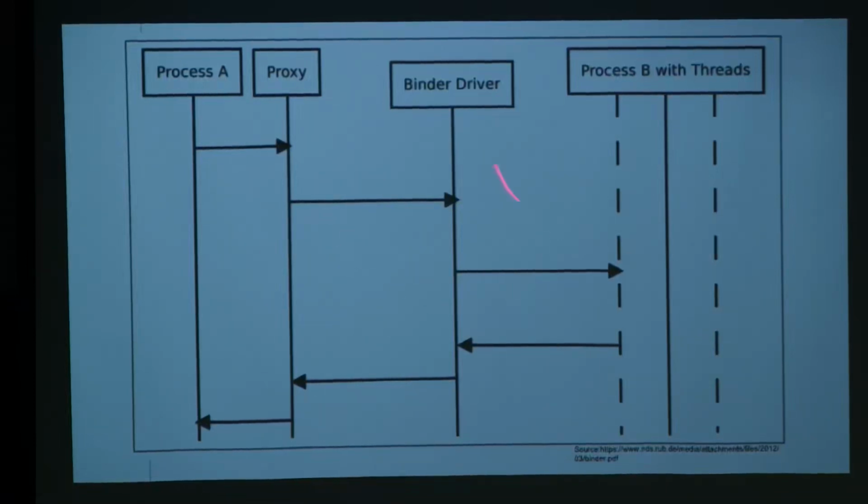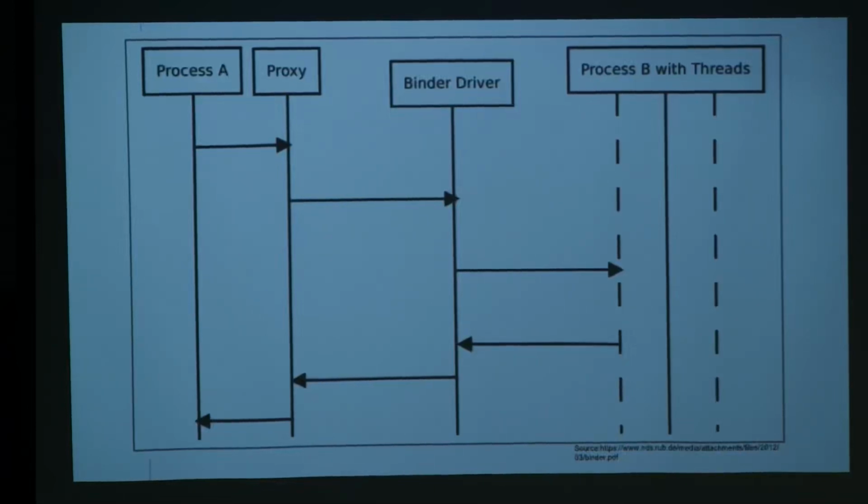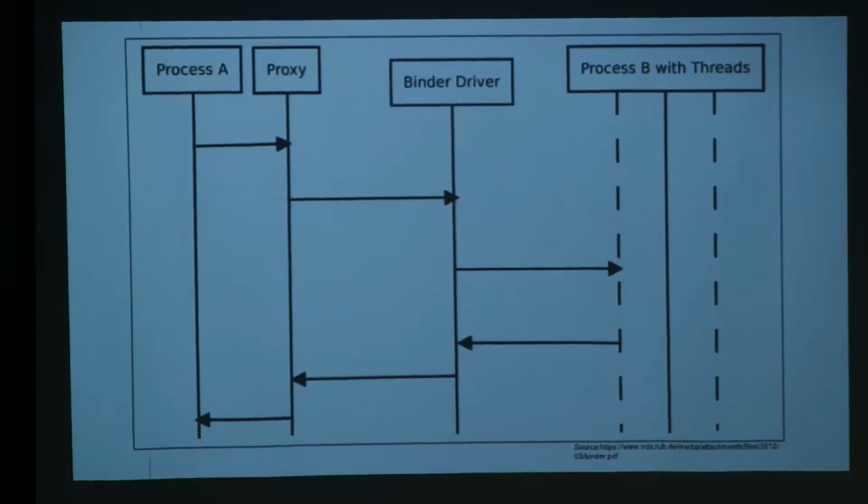But again, it just acts as the middleman and does the heavy lifting between the UID and the process ID. The UID is the technical term, and the process ID. And again, done by the kernel and done by Binder.